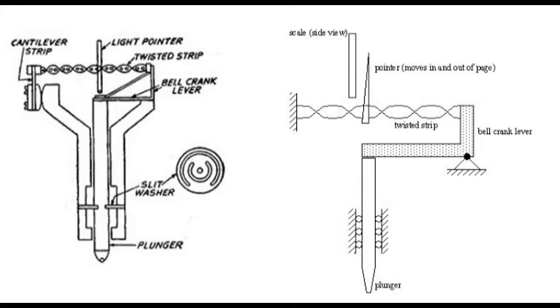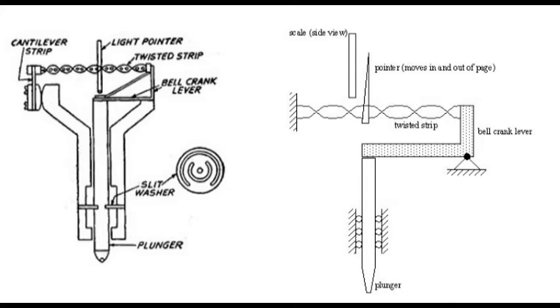The spring elbow acts as a bell crank lever. This diagram shows the construction of the Johansson microcator.